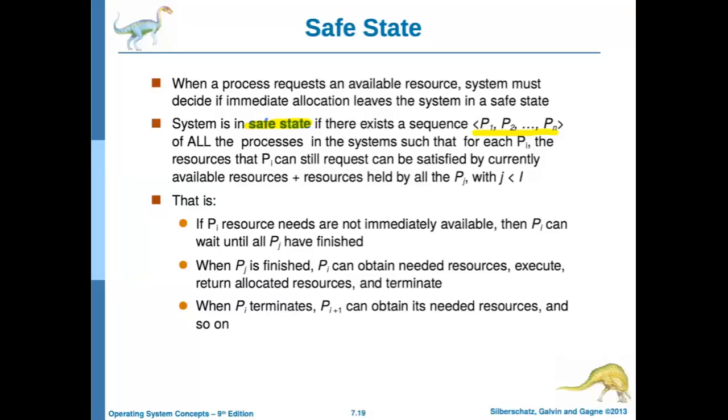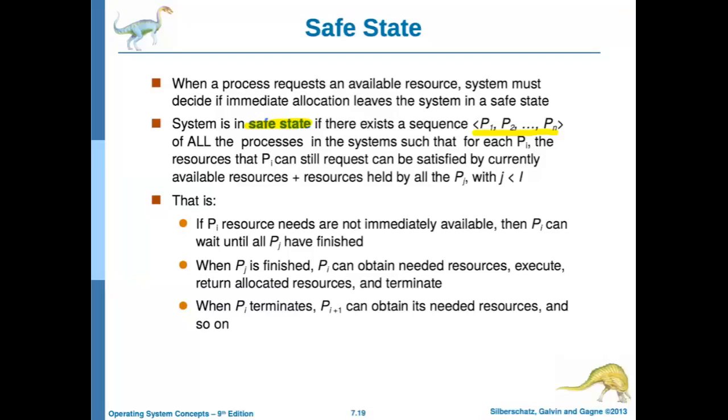So whatever the currently available resources are plus the resources held by other processes, if that satisfies, it is safe to allocate the resource required by process 2.